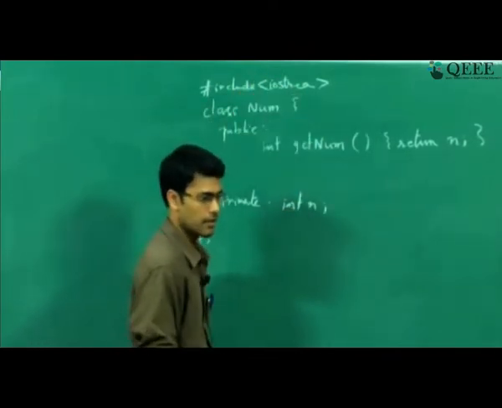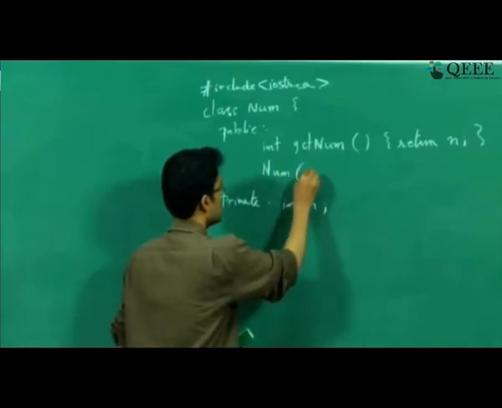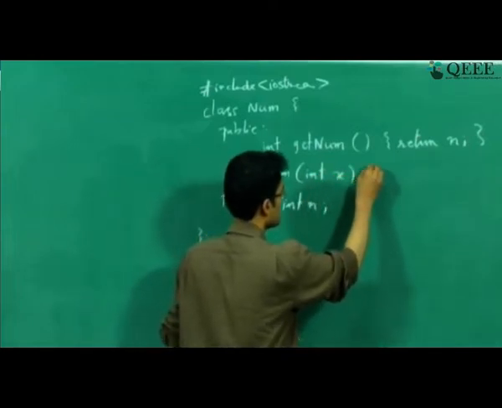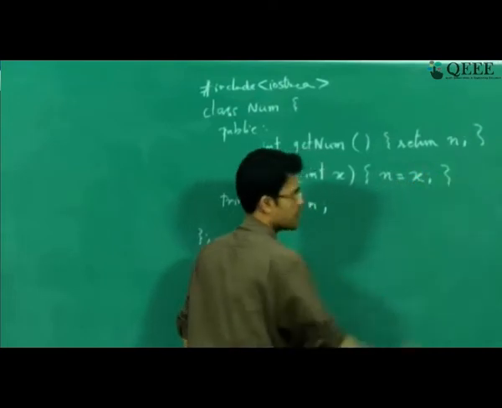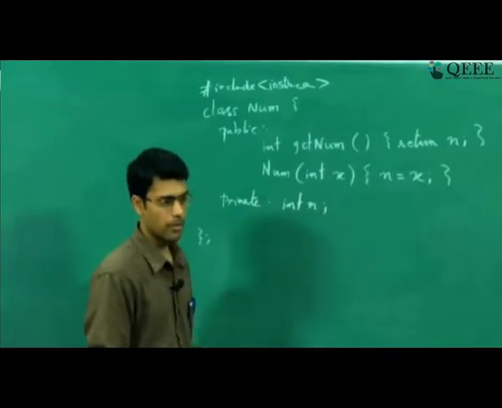And then I also need probably a constructor which should be public, to which if I am passing some variable, then I am initializing n with that variable. Right? So this is our Num class.